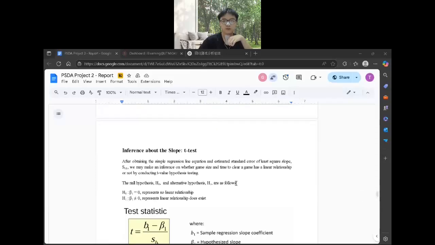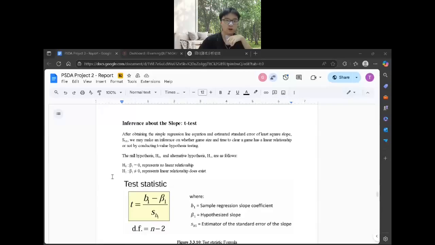After obtaining the simple regression line equation and the estimated standard error of the least squares slope, which is Sb1, we can make an inference on whether game size and time to clear a game have a linear relationship or not by conducting the t-value hypothesis testing. First we define the null hypothesis and the alternative hypothesis.